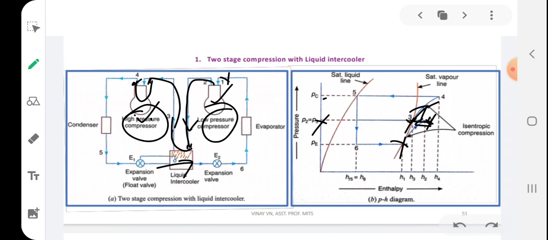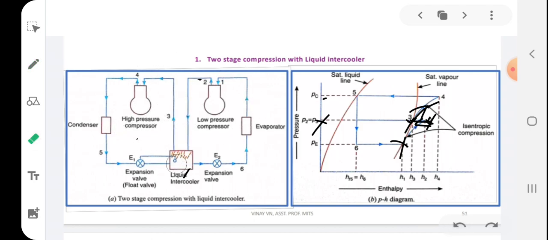Now from 4, what is happening? From 4 it passes through the condenser and reaches 5. So 4 to 5 is condensation.